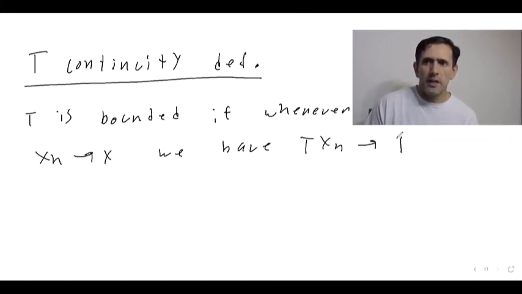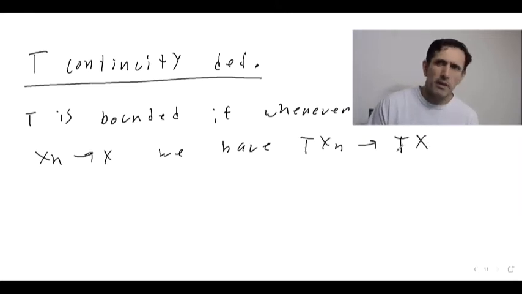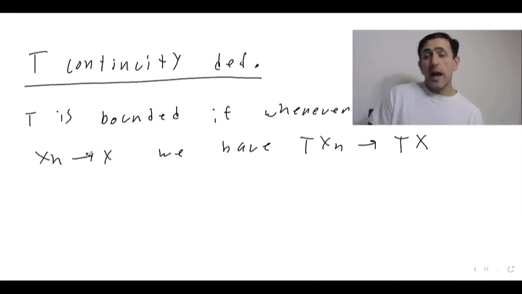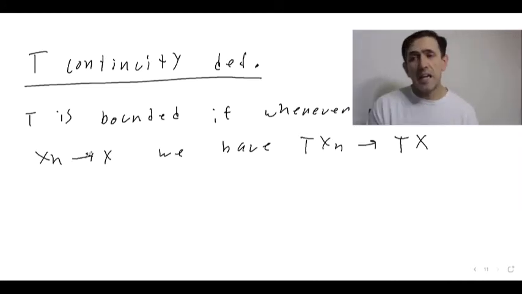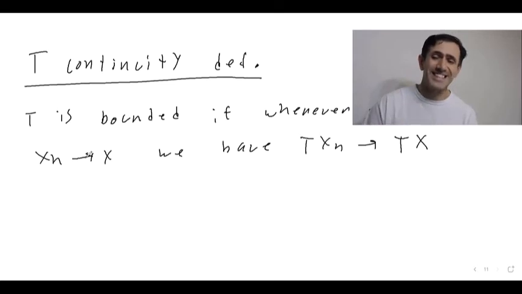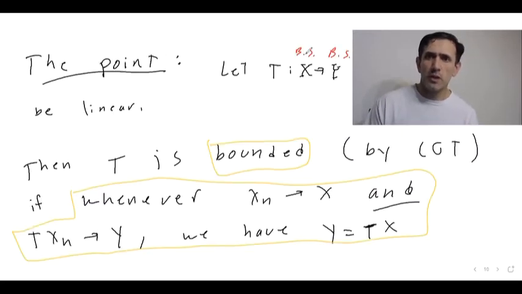So by definition, if we want to prove something is continuous, equivalently bounded, we have to prove these two things. We have to prove Txn first and foremost converges, and it doesn't just converge to anything. It converges to precisely Tx. The closed graph theorem allows us to assume that first part. It allows us to assume from the start that Txn converges.